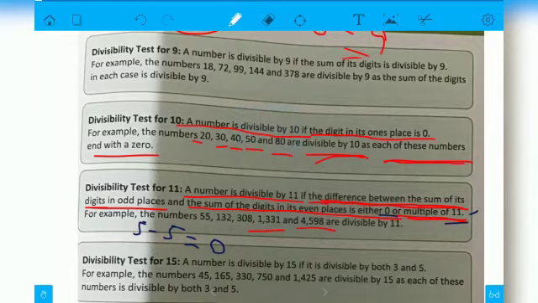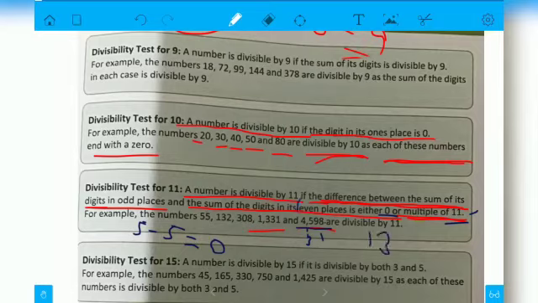Now let us take another example, like 4598. This is the first place value digit, and this is the third place value digit, 5. So these will be odd placed digits. When you add these numbers, 8 plus 5, you get 13.